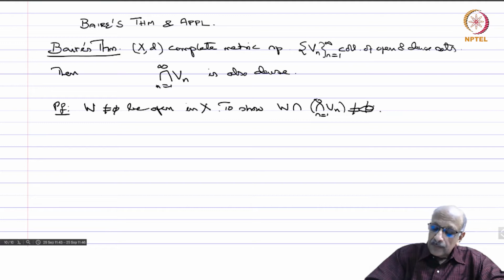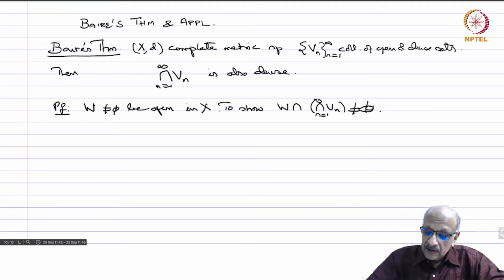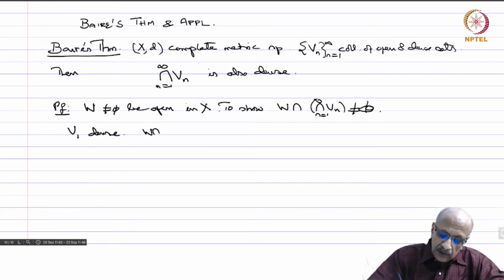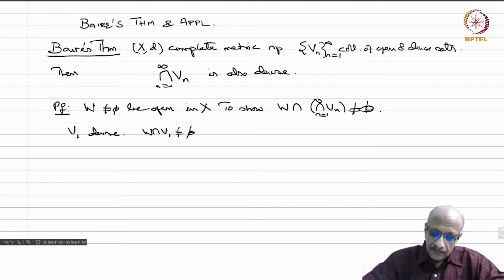Then every open set will meet the intersection, and therefore the intersection is automatically dense. So first V1 is dense, therefore W intersection V1 is not empty. Also W intersection V1 is open.